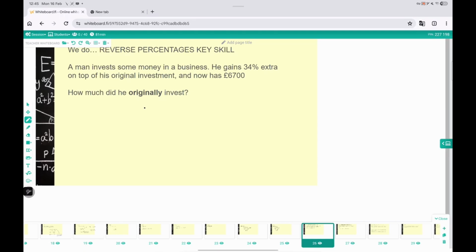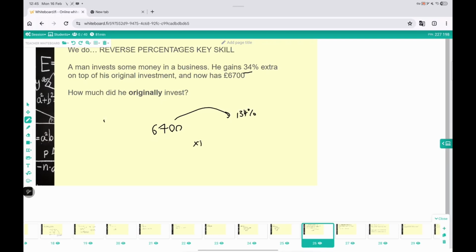And here's why. So we take a number and it gains 34% and it's now 6,700. Okay, so the temptation here with a question like this is to say, okay, 6,700 times by add 34%, so that's going to be 134%.